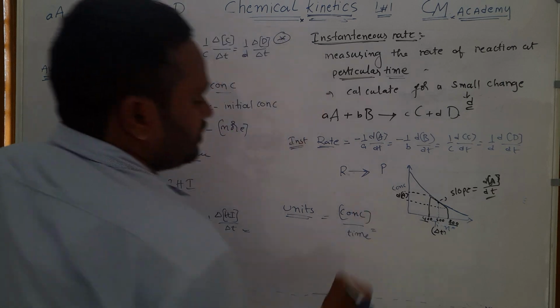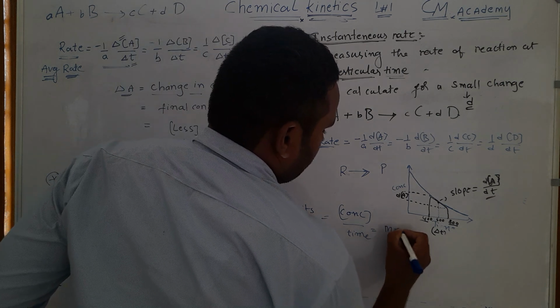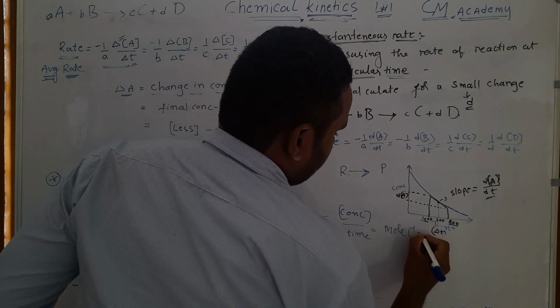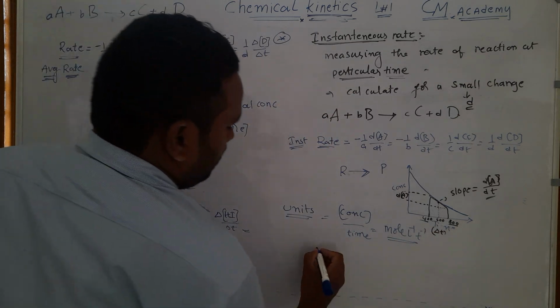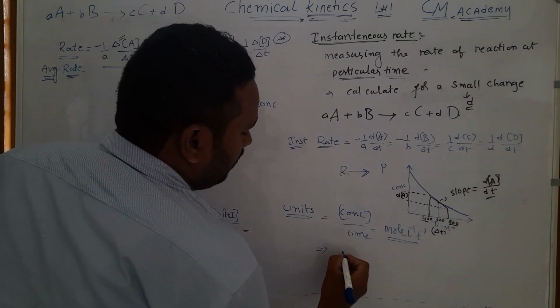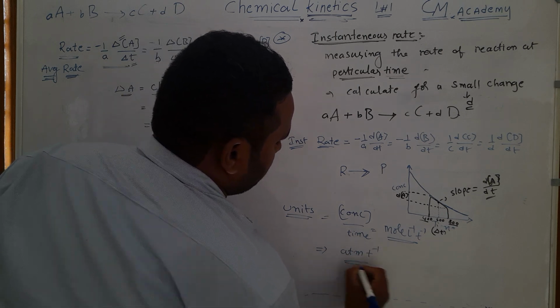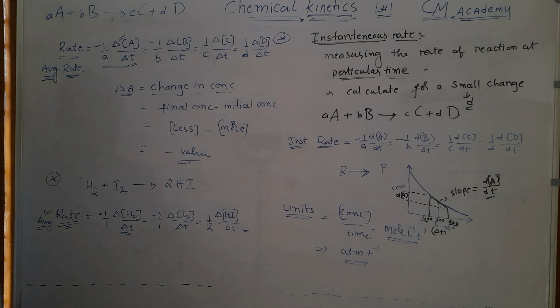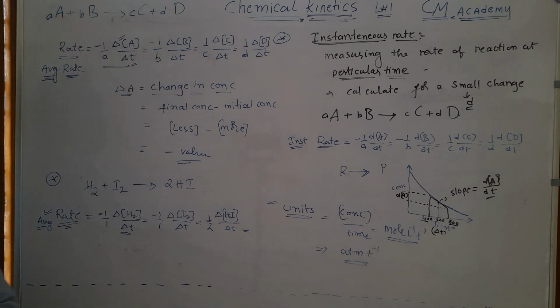Here we are taking molar concentration, that is moles per liter time inverse. If gaseous substances are involved, it is atmosphere time inverse. These are the units of the rate.